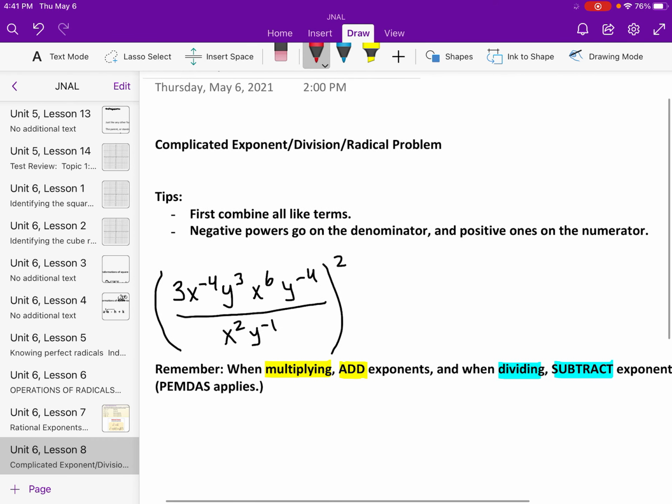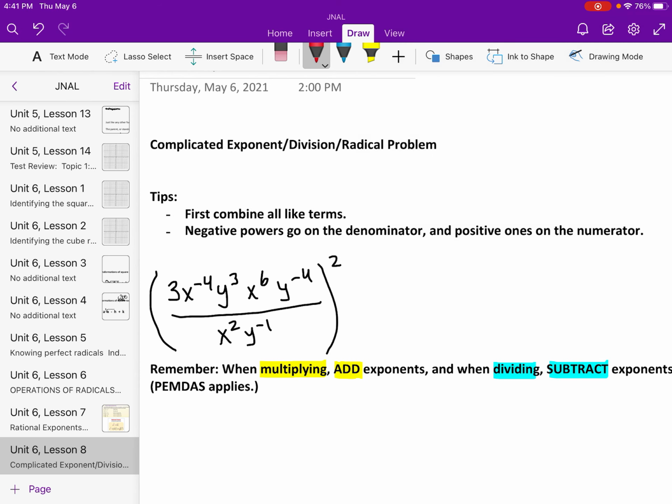Before you would want to distribute that, you don't have to technically, but it would make things a lot simpler if you just combine like terms. And negative powers go on the denominator, and positive ones go on the numerator, so we can just switch these around instead of making it super complicated.